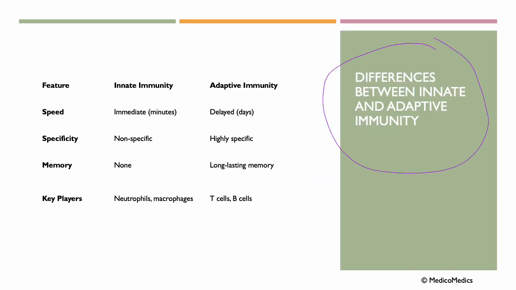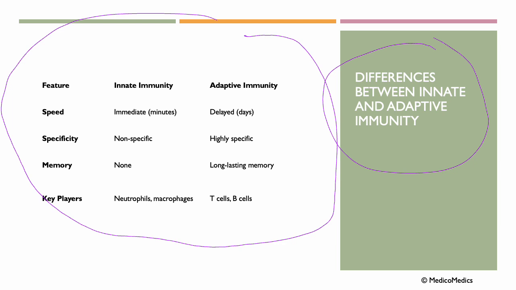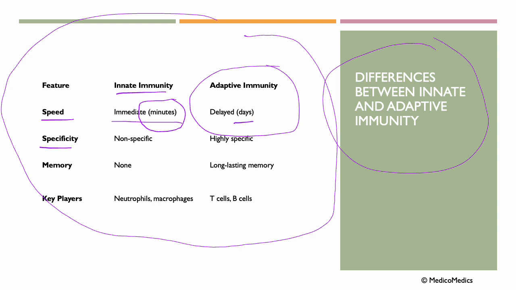So, key differences between innate and adaptive immunity. Some of this is repeated because you've probably seen the previous two lectures, but if you haven't, the innate immunity, when we talk about speed, it is usually immediate, meaning minutes. Adaptive immunity can be delayed up to several days. Specificity, so innate immunity is non-specific, it's a general response, and adaptive immunity is highly specific.